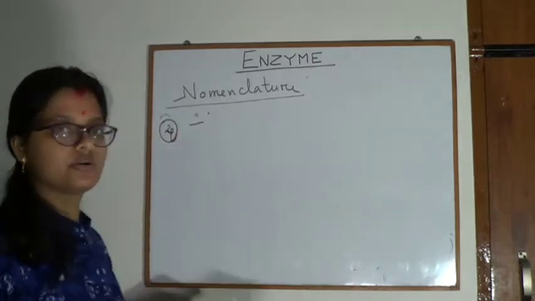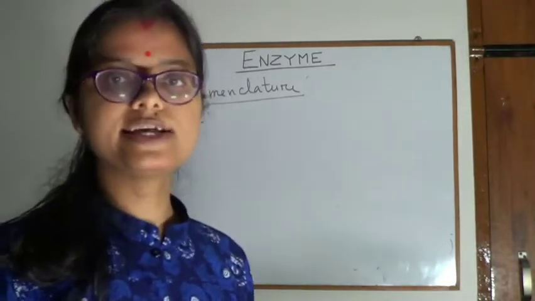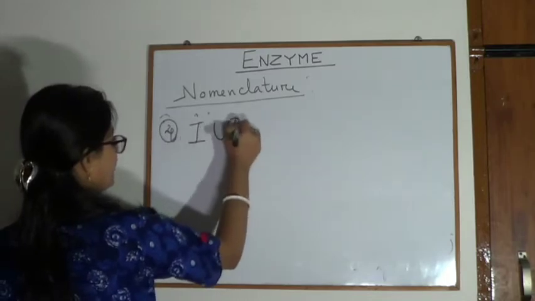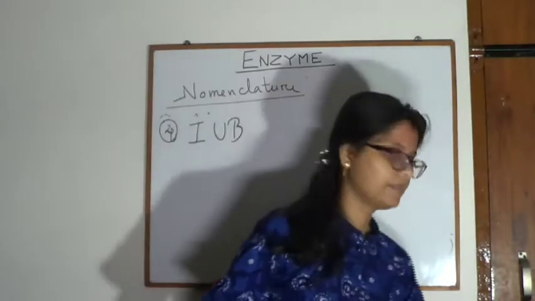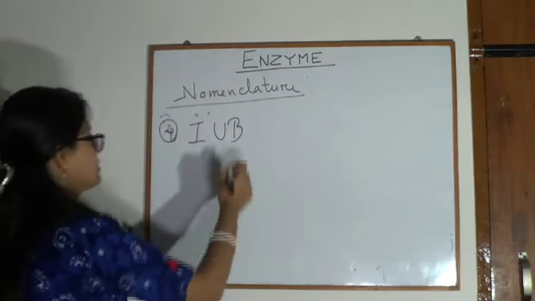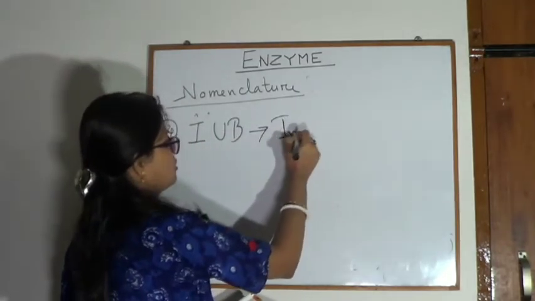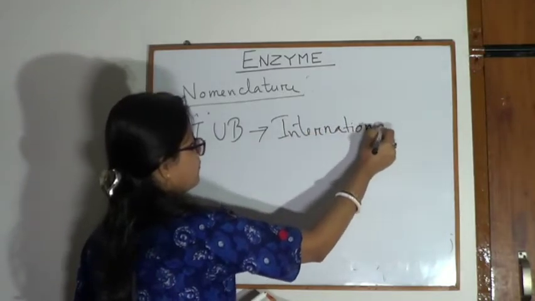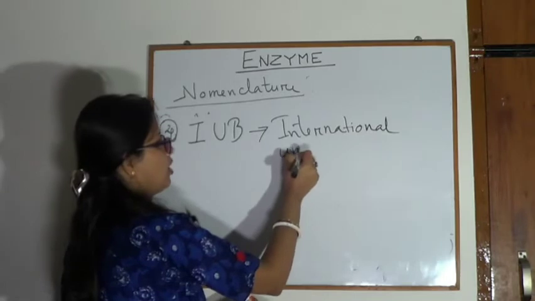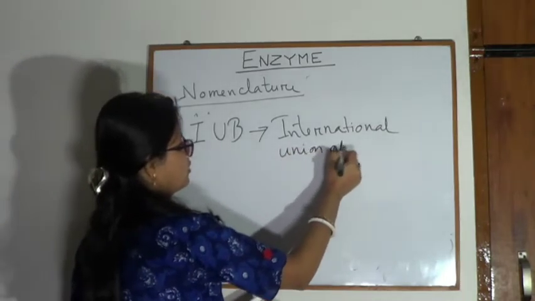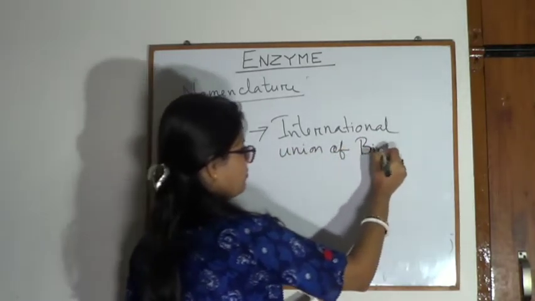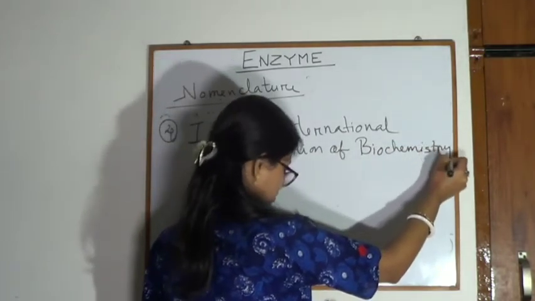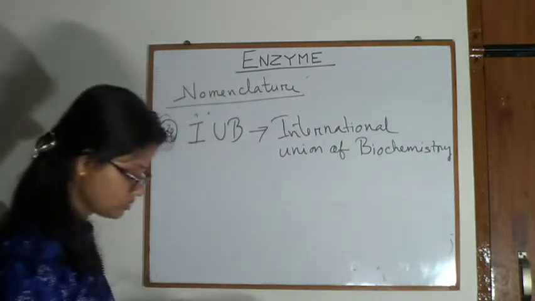This fourth rule of nomenclature has been given by IUB, the International Union of Biochemistry.